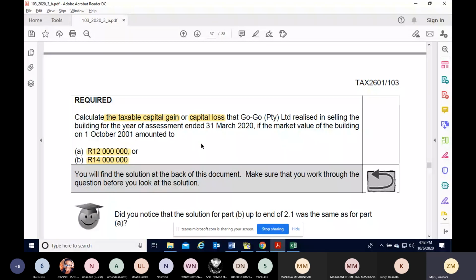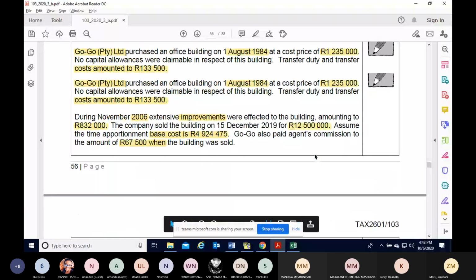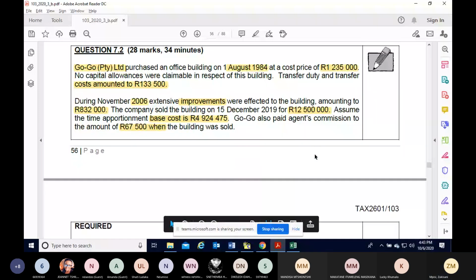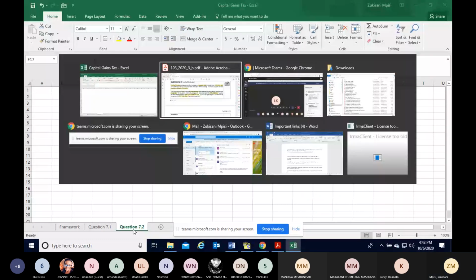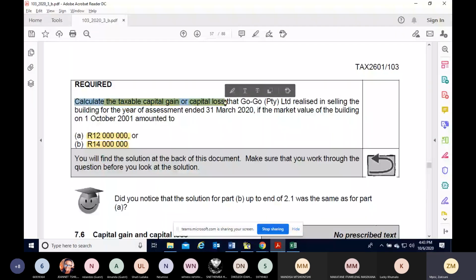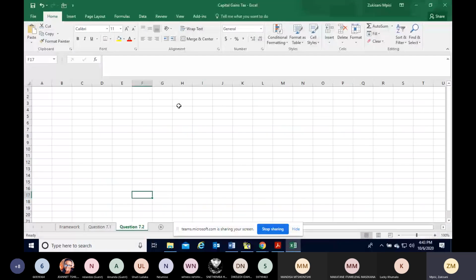Now, let us try and do this question. Question 7.2, we are asked to calculate taxable gain or capital loss.